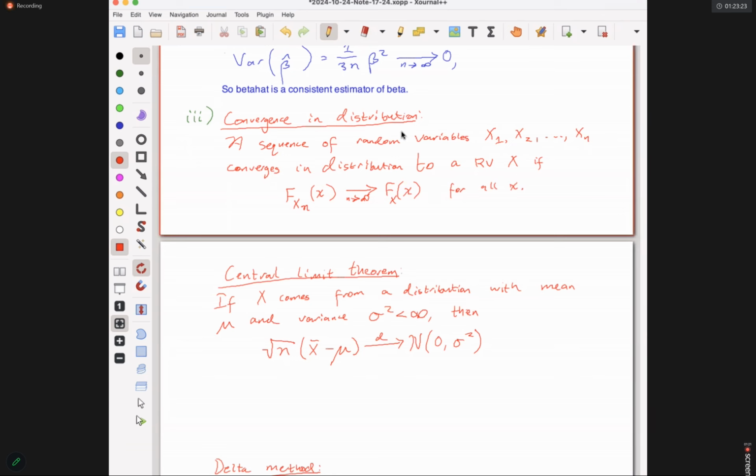So I'm saying here the limit, for any x value I pick, the limit of the CDF evaluated at that value little x as n increases is equal to the CDF of x. And our notation for this is that x n converges in distribution to x.